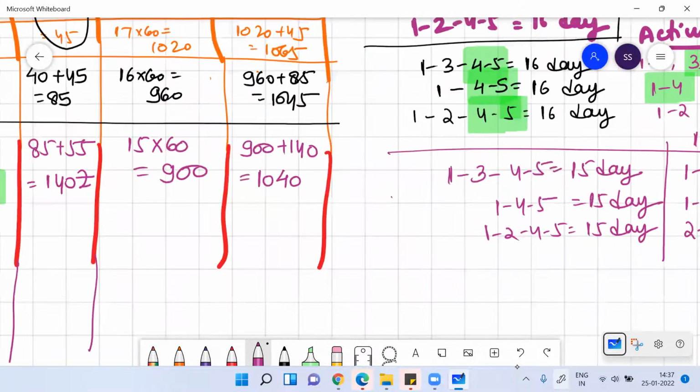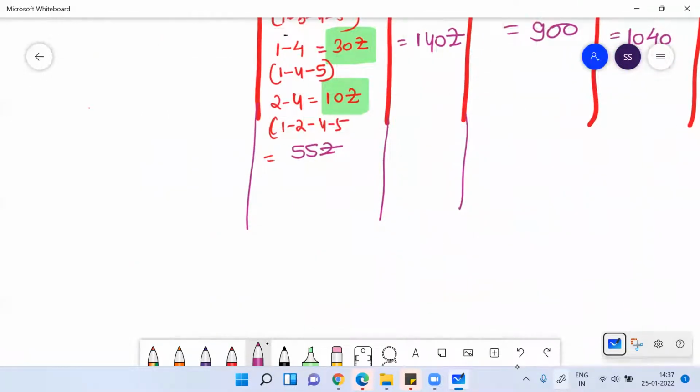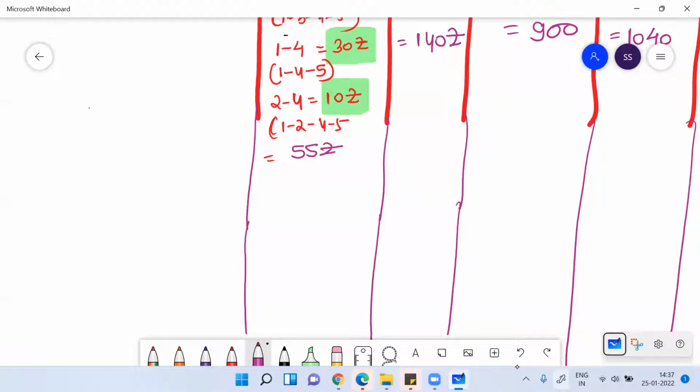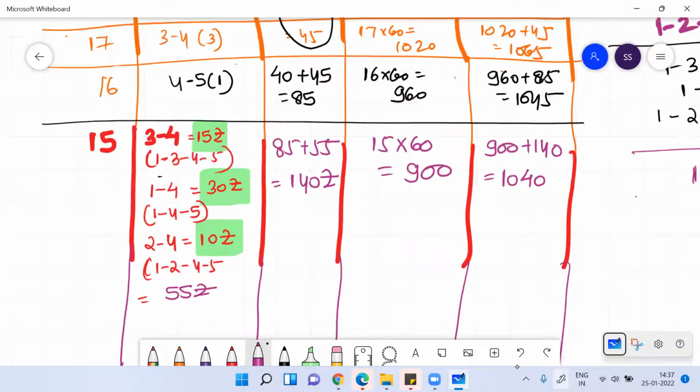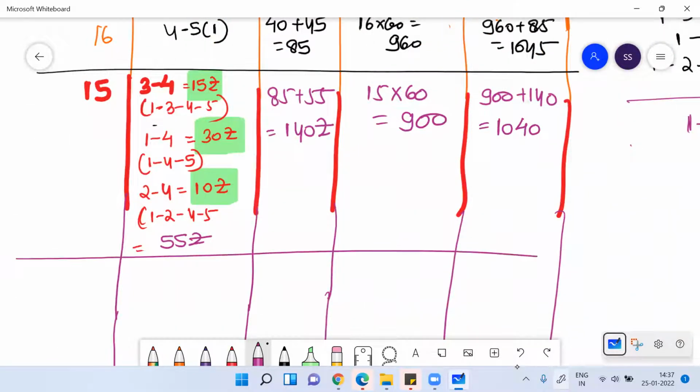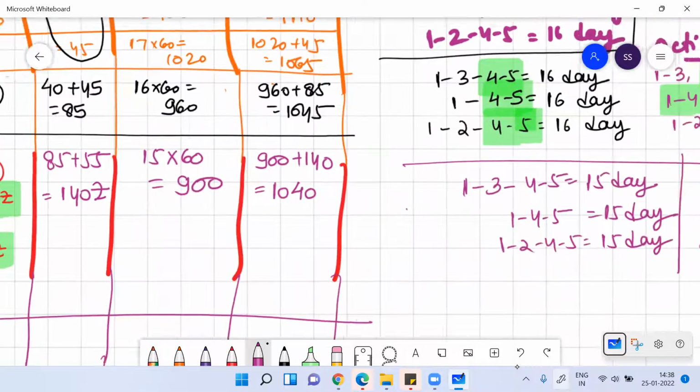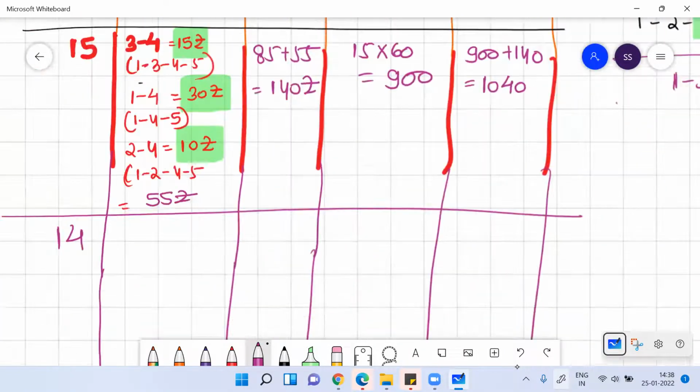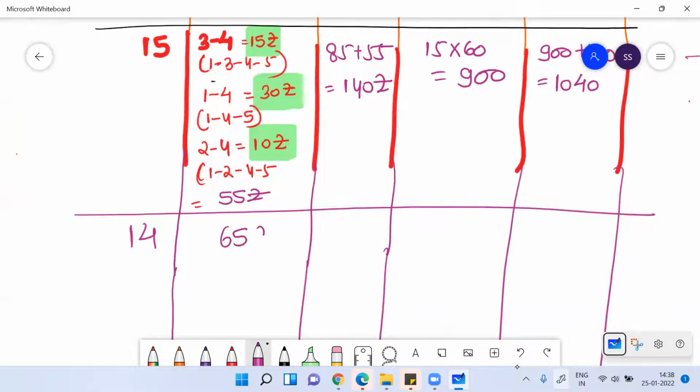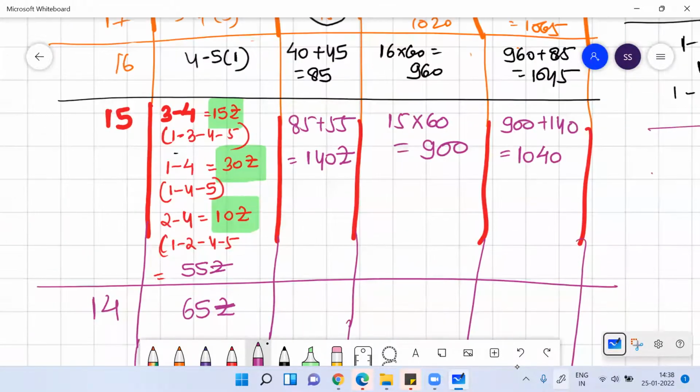So if I see this, for 15 days, if I reduce it further to 14 days, my crash cost is 65 rupees.